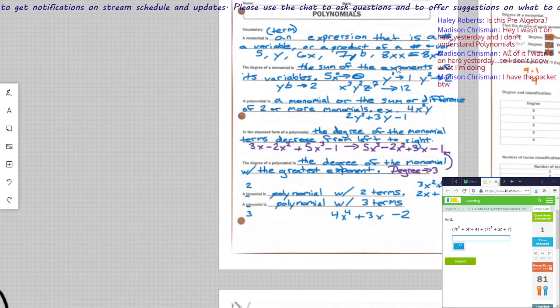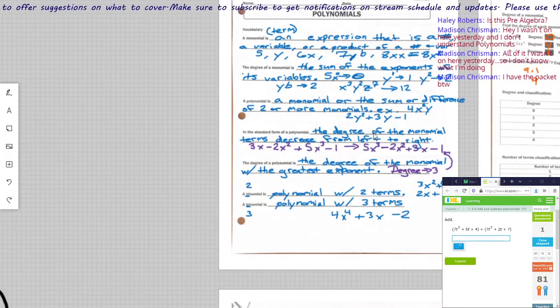So y is y to the 1, that means it's a degree of 1, but it's also the sum of the exponents. If you have more than one variable being multiplied together, you need to add those exponents. So that's why yb is a degree of 2, and x to the third y squared z to the 7th is 12, because you add all those exponents together.